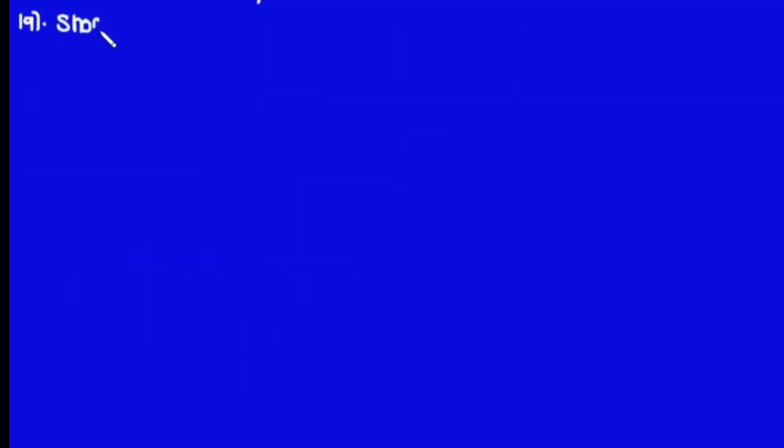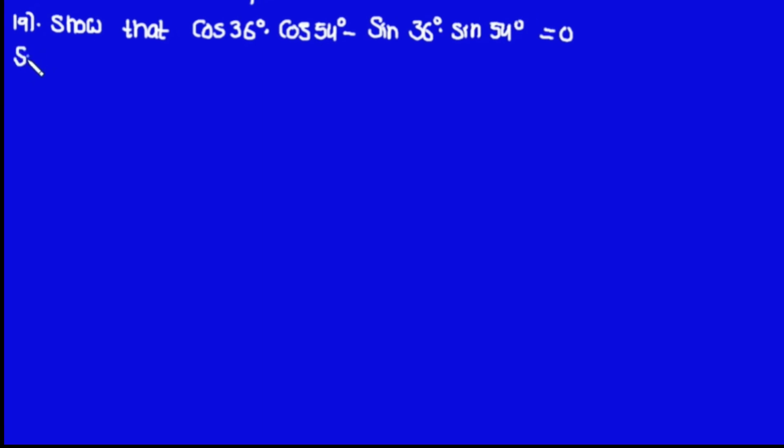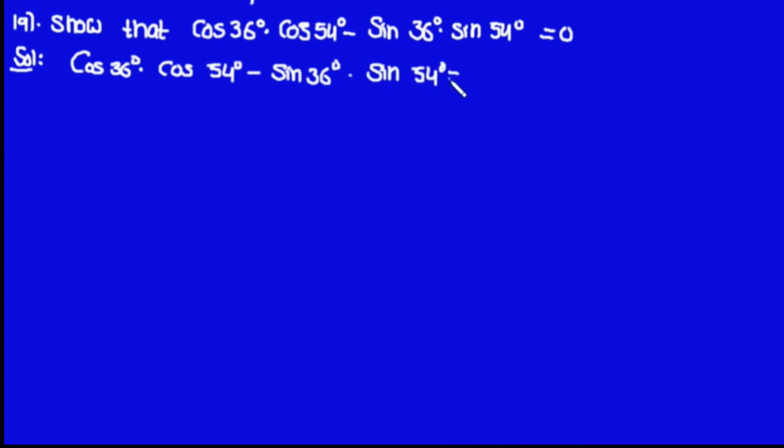Problem number 19. Show that cos 36 degrees multiplied by cos 54 degrees minus sin 36 degrees multiplied by sin 54 degrees is equal to 0. Solution. First we are writing what was given, cos 36 degrees multiplied by cos 54 degrees minus sin 36 degrees multiplied by sin 54 degrees.